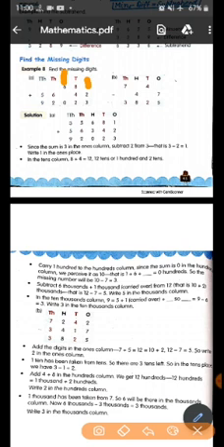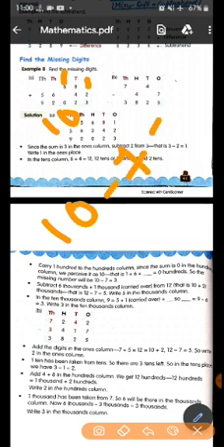So the sum of these two numbers is 10. 7 is given and the other number is not given, so we mark 0 as 10. Here 10 minus 7 gives us 3.